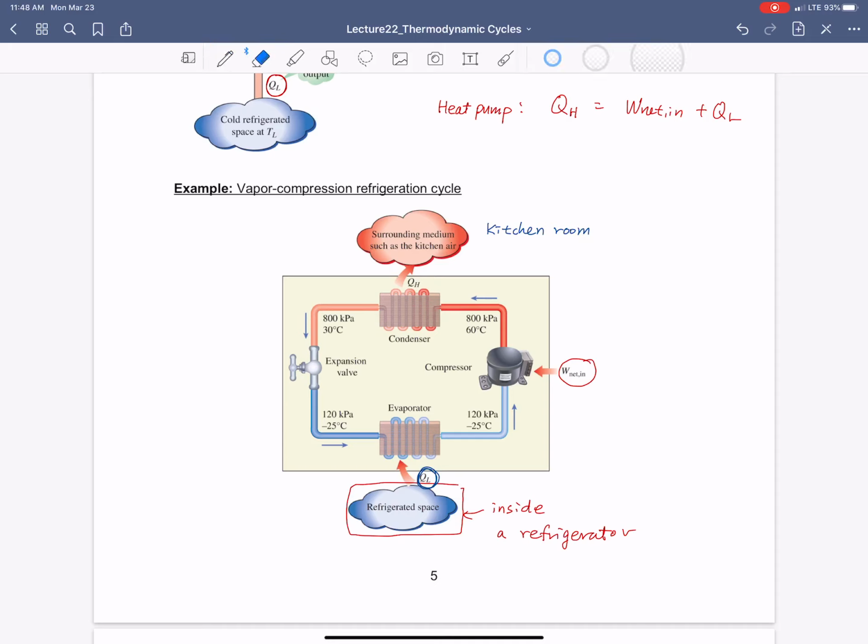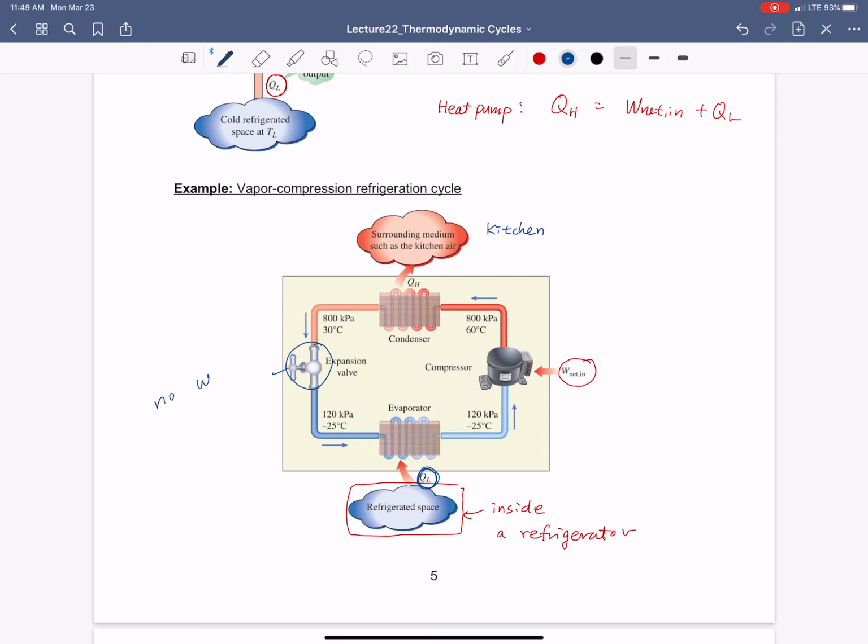Okay, my kitchen, where your refrigerator is located. And then this condensed refrigerant goes to the expansion valve to make an expansion, but in this case we don't have any work out.